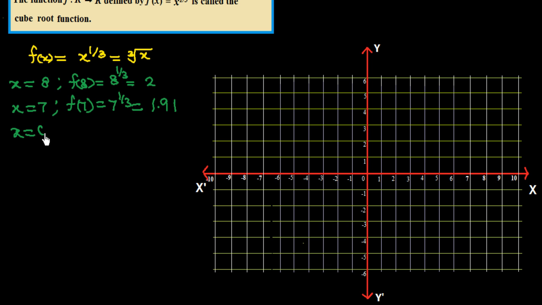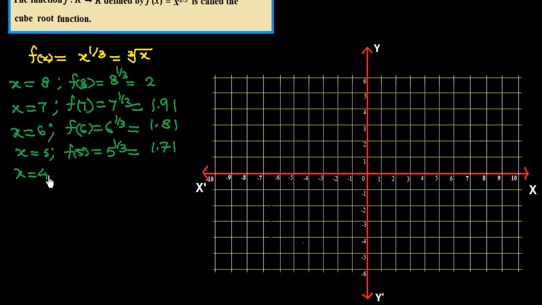If you put x is equal to 6, then f of 6 is 6 to the power 1/3, which comes around 1.81. If we put x is equal to 5, we get f of 5 is 5 to the power 1/3, which is near about 1.71. For x is equal to 4, f of 4 is 4 to the power 1/3, which is equal to 1.59.